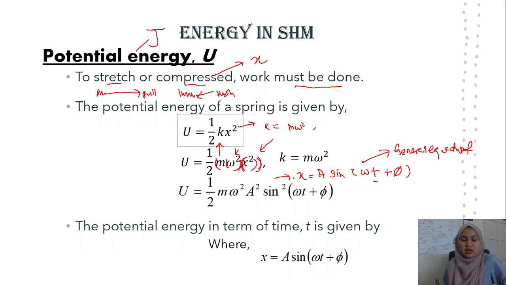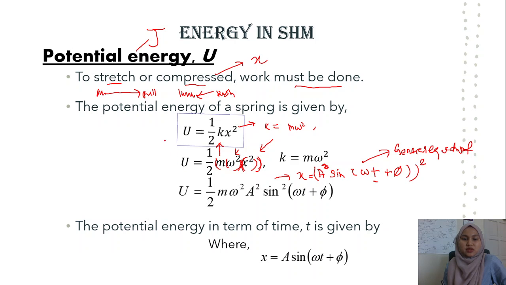Since we have x squared, we square the whole equation, and it becomes a squared sine squared of omega t plus psi. We substitute this because if no x is given, we can also find x using the equation of motion.